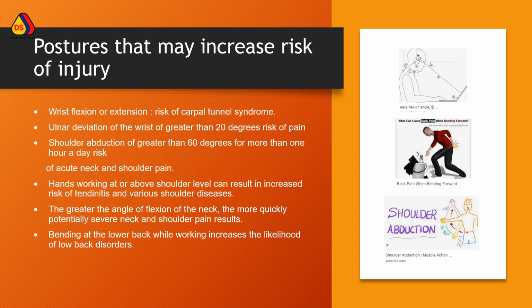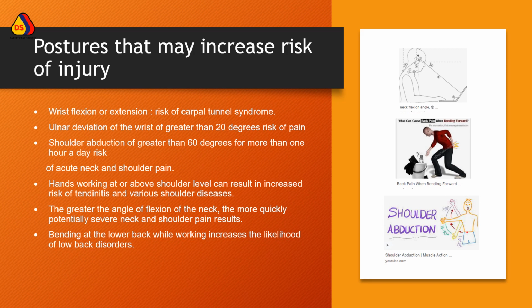Maintaining shoulder abduction, in other words, raising the arms away from the body, greater than 60 degrees for extended periods, especially for more than 1 hour a day, can increase the risk of acute neck and shoulder pain. This can lead to conditions like shoulder impingement syndrome and strain on the neck muscles.